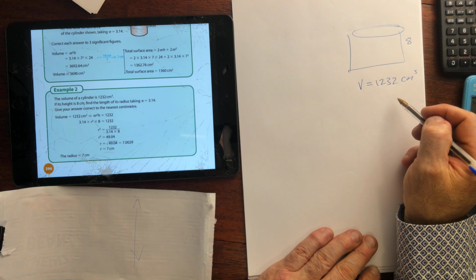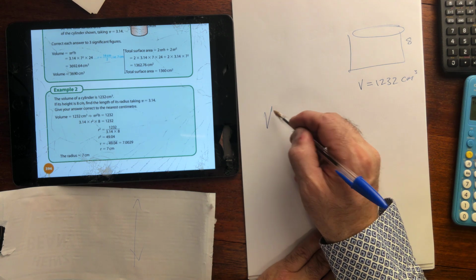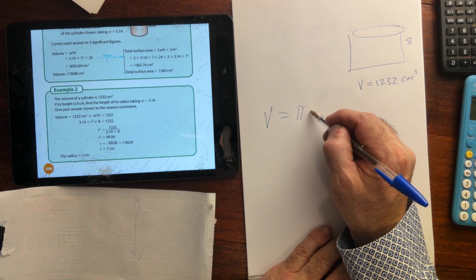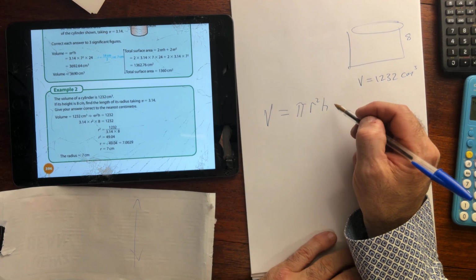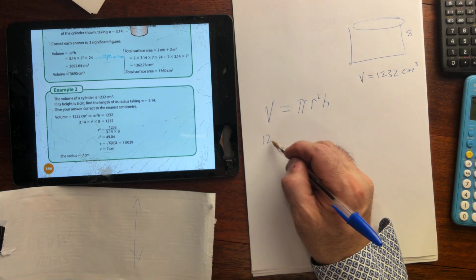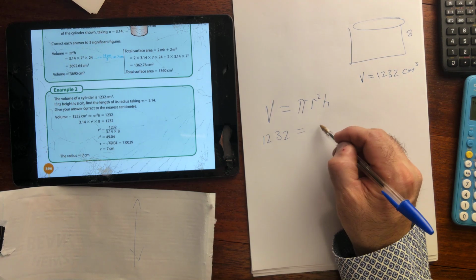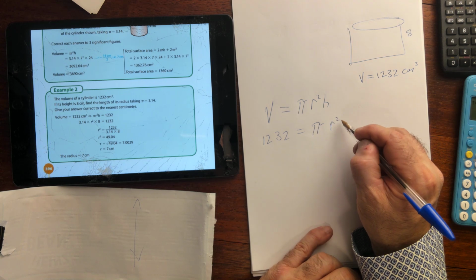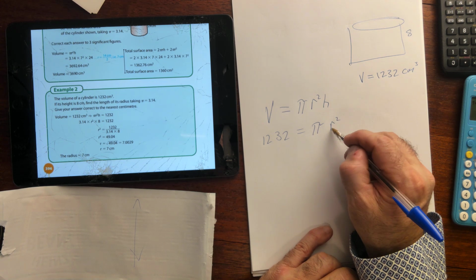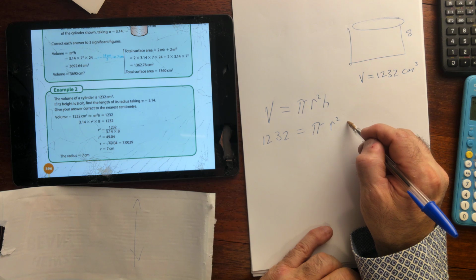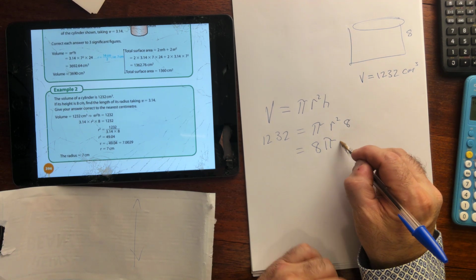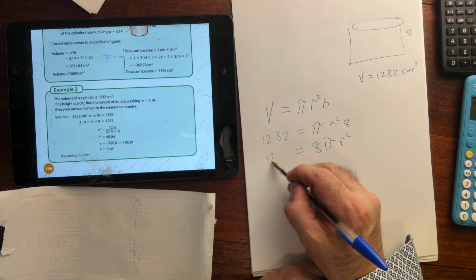Okay, so we write the formula for volume equals pi r squared h, and we'll fill in what we know, which is 1232 equals pi. We don't know r squared because we're trying to get it. Okay, so pi r squared, but we do know 8. So we'll write this as 8 pi r squared equals 1232.